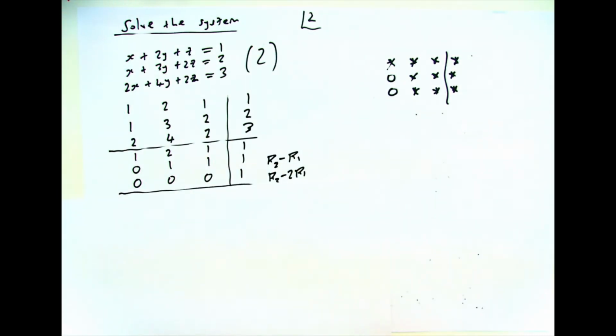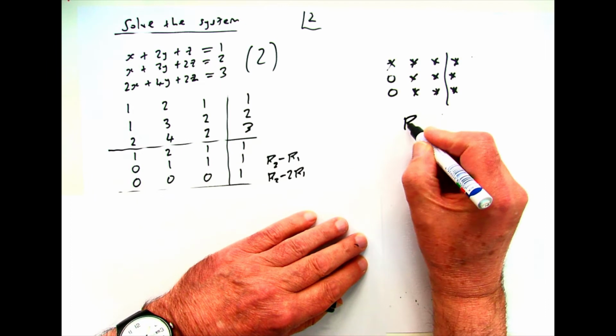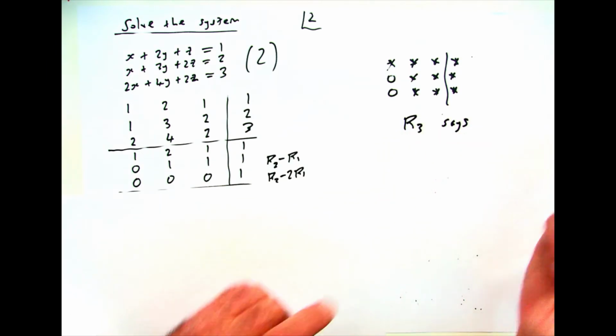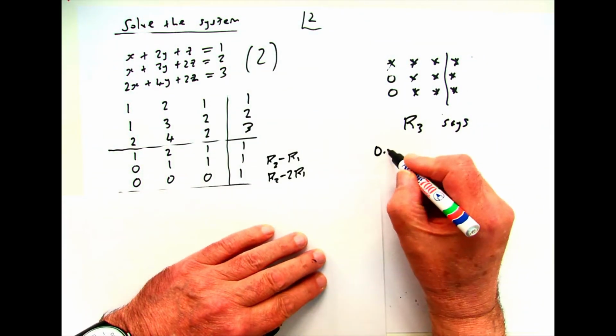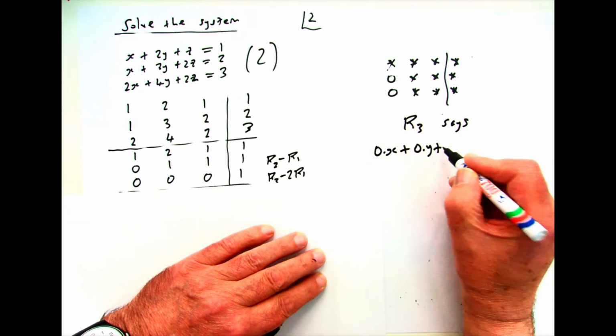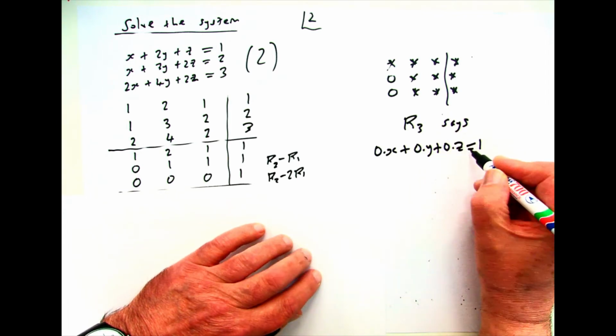So now if you look at the third row, and if you think what does it mean as an equation? It means 0x plus 0y plus 0z is equal to 1.